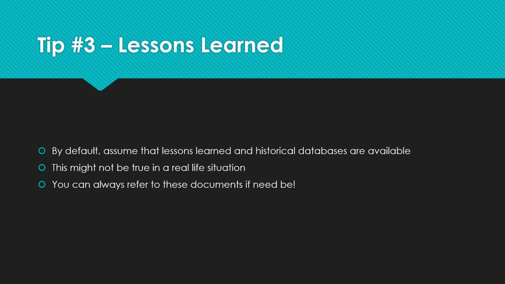So, when you're answering the question in the PMP exam, you need to assume that lessons learned are available and a project manager can refer to them, unless it explicitly mentions that lessons learned are not available. In your real life, the lessons learned might not be available, might never be available, but do not imply that in the PMP exam that is the case. That is not the case. Lessons learned are always available.